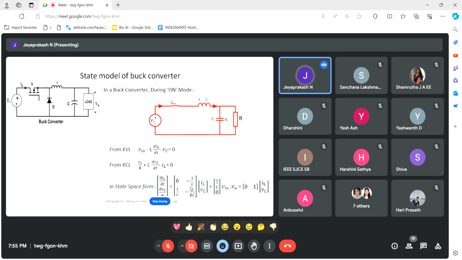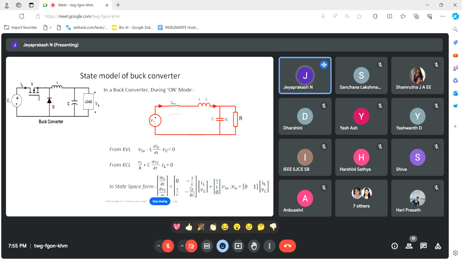Wherever we write the inductance equation, the voltage across the inductance, we use KVL. Wherever we derive the current through the capacitor, we use KCL. First we apply KVL.